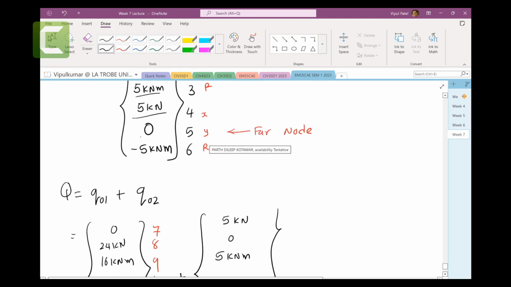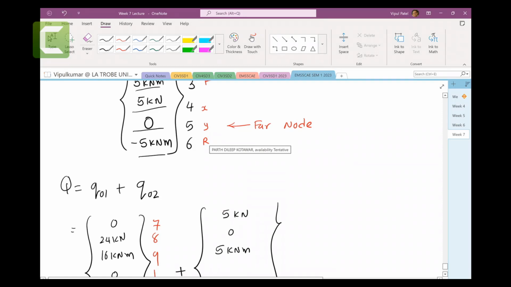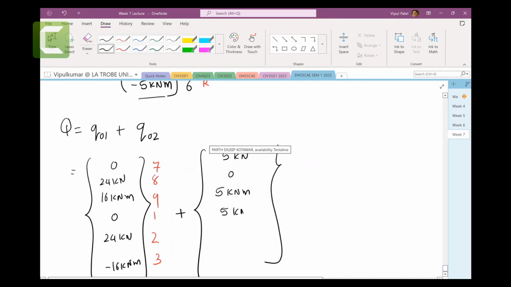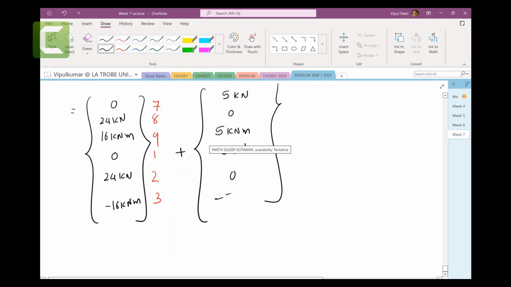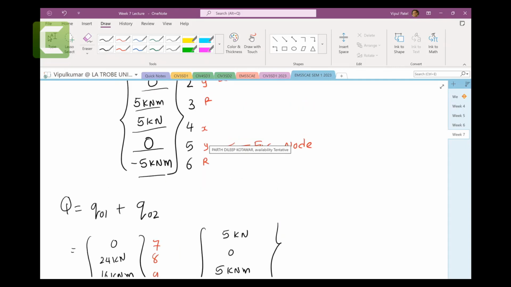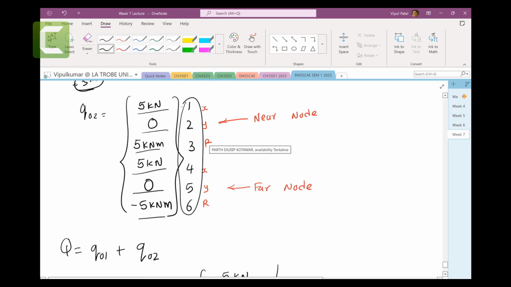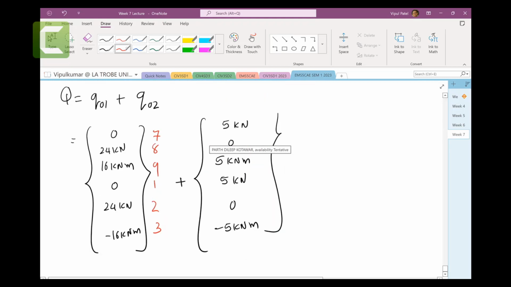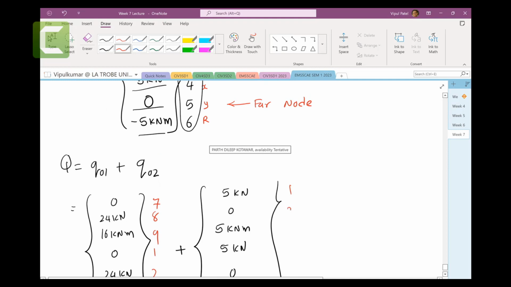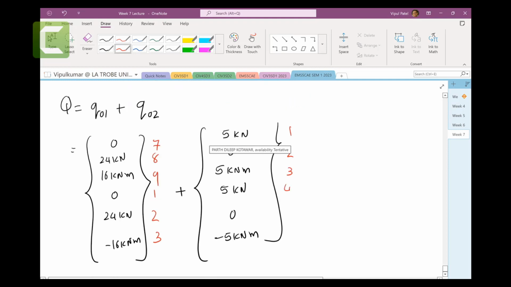We have 5, 0, minus 5: 5 kilonewtons, 0, and minus 5 kilonewton meters. So for that case, we have 1, 2, 3, 4, 5, 6.